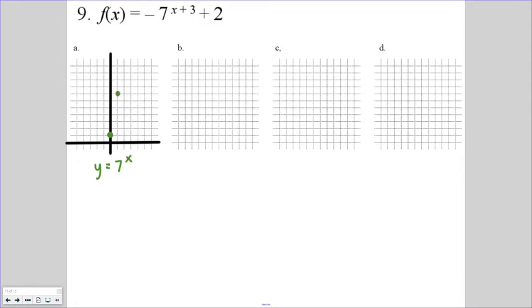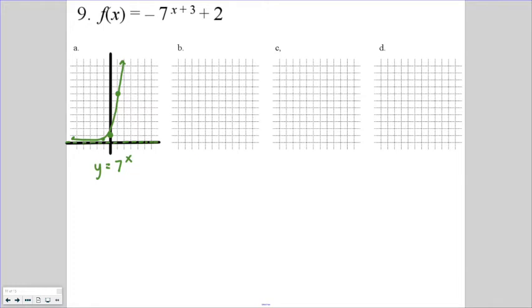I'm not going to be able to fit 49 on there, but I will graph this point here, which is 1 over 7. And I know that the general shape of my exponential function is going to look like this. It gets steeper as we go, and it's going to approach the x-axis but never cross it. So that's where I'm going to get really picky about grading these graphs: making sure that we graph the asymptote correctly and then we never cross it.